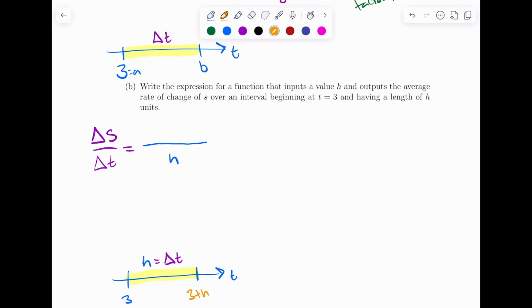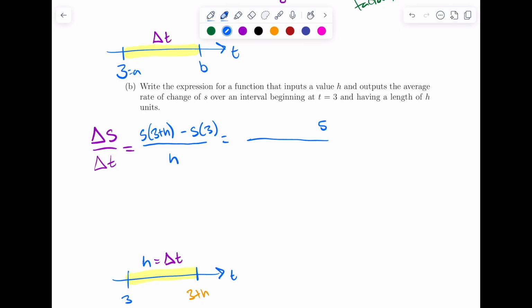So we want to know what's the difference between the y values, the s values at those points. We have s of 3 plus h minus s of 3. We know that s of 3 is 5. We found that above.